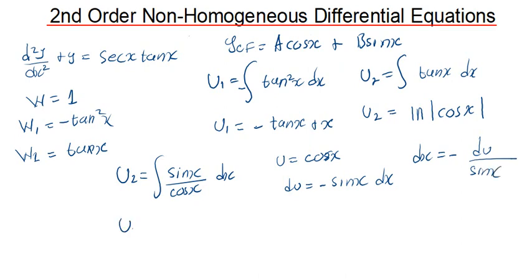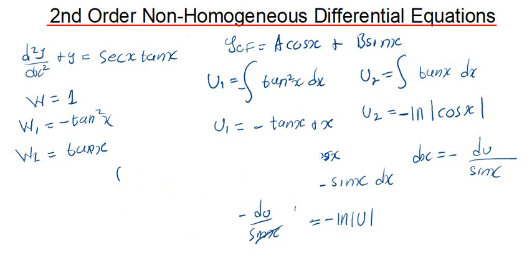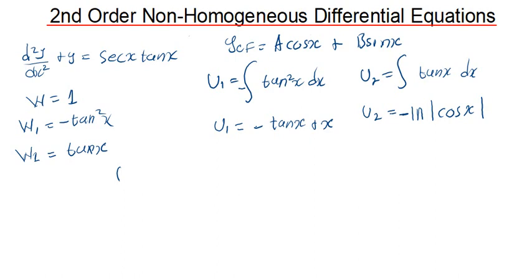Okay, u2 is going to be equals to sine x divided by u multiplied by dx, which is minus du over sine x. This goes and that goes, so the negative comes outside, so it becomes something like minus ln of u. Oh, so it's supposed to be minus. Yeah, that's supposed to be minus. So I was right in the previous example.